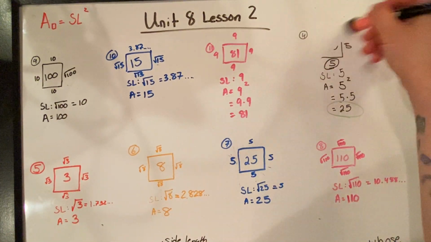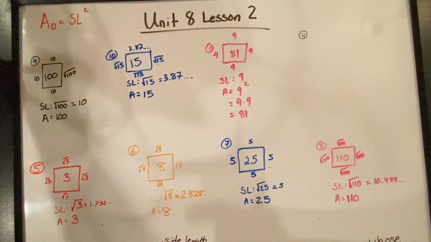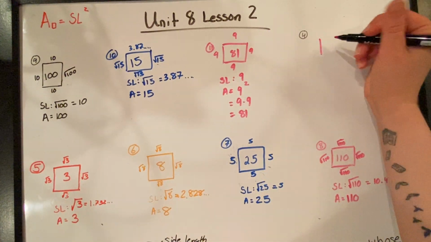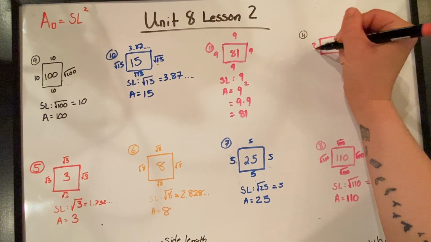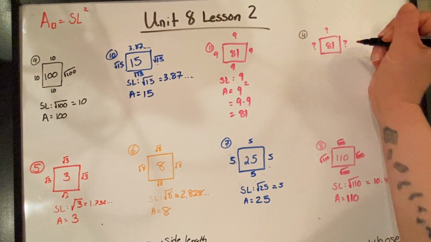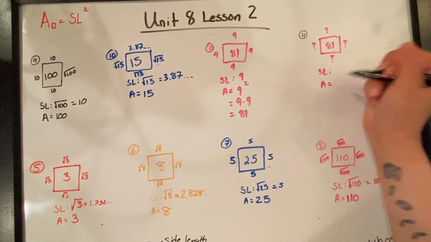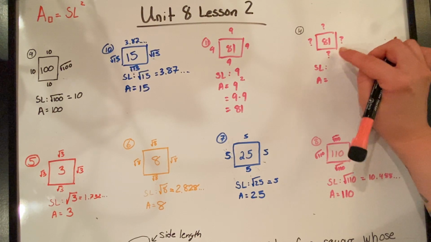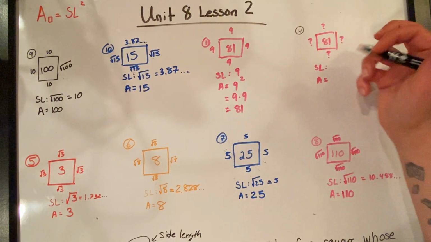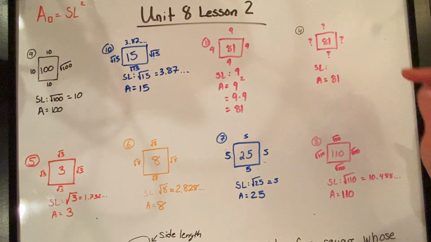And then I will show you how it works if we were to work backwards. Let us say that I gave us the area instead. Side length, area. So here's a new problem. Did it give us the side length? No, it gave us the area. So the area is 81. So we want to know, well, what must my side lengths be?